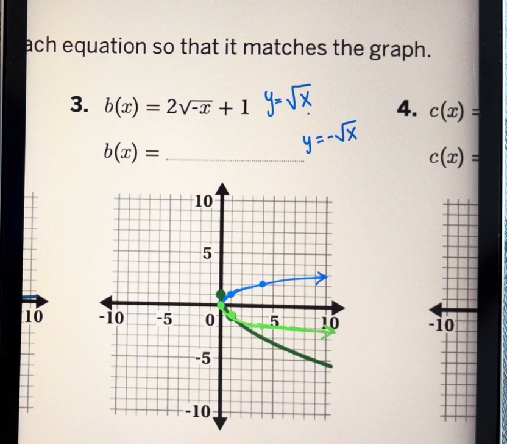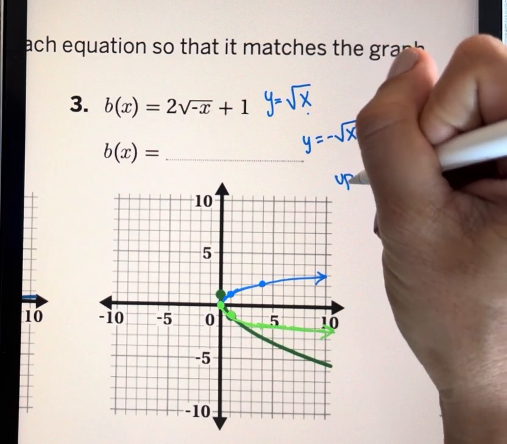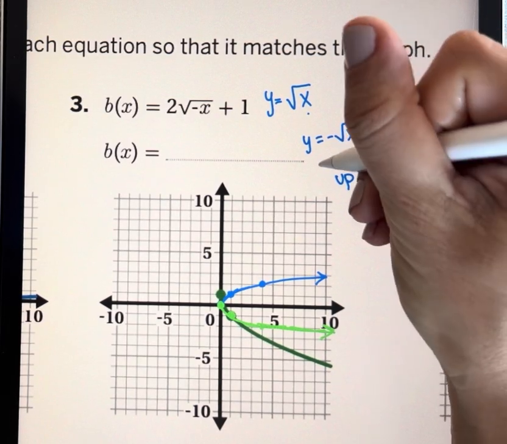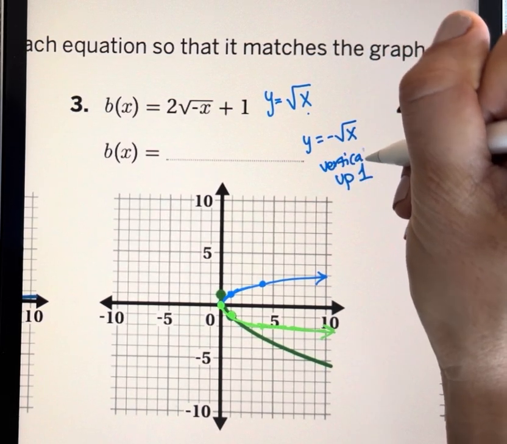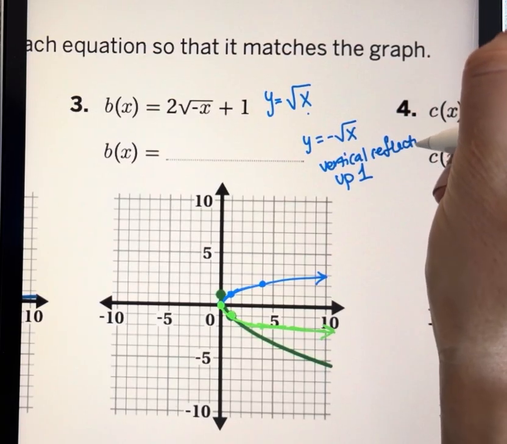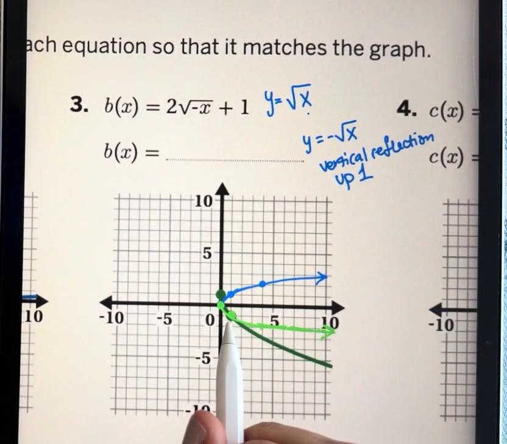So I think I made it too complicated in my head. Doesn't matter though, we're still doing this the right way. So now, the other thing to take note of, other than the fact that we've gone up 1, is that this one is stretched.